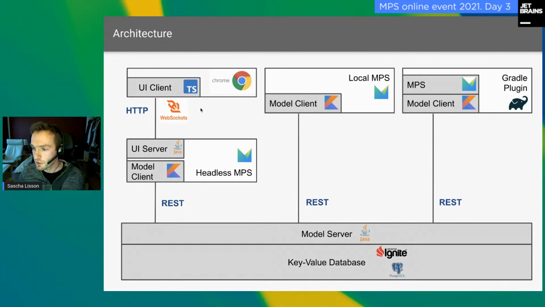And the important difference compared to one of our previous approaches is that we try to do as much as we can on the server side. So this client library, the TypeScript code in the browser, is just about 500 lines. And the only thing it does is capturing user input and sending that to the server where all the behavior is implemented. And the server, MPS, then responds with an updated UI.